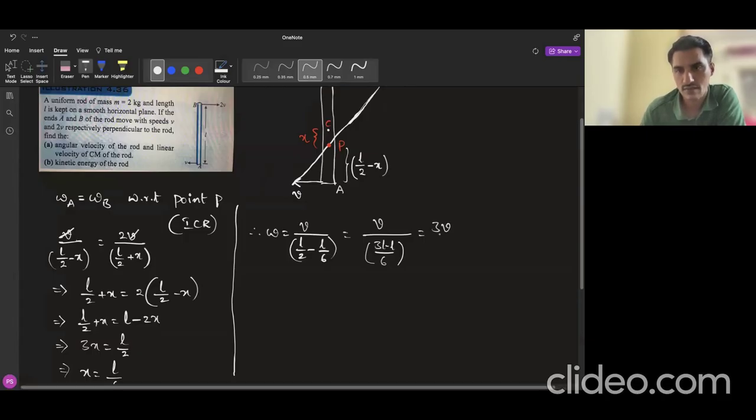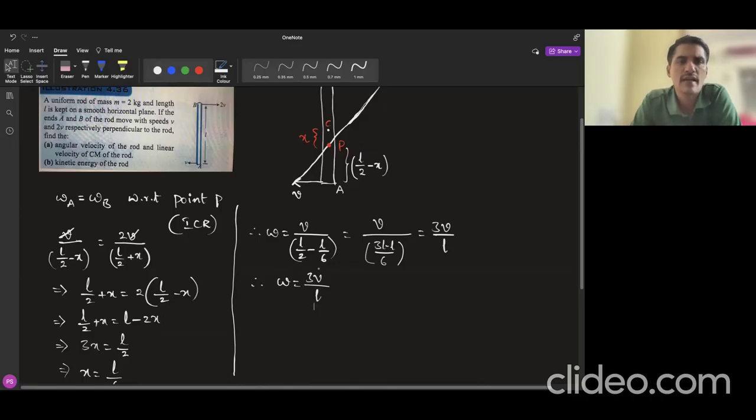So 3V by L. Therefore, omega here is 3V by L. With respect to point P, the whole rod's angular velocity will be the same at that instant. Whatever point you may take, the angular velocity of that particle in the entire rod will be the same. So omega is equal to 3V by L, we have calculated.